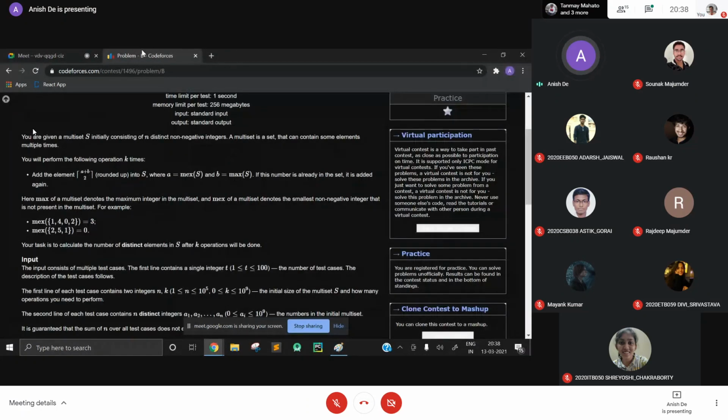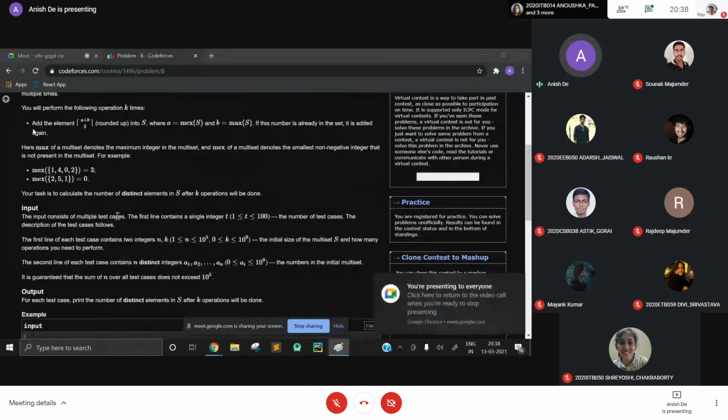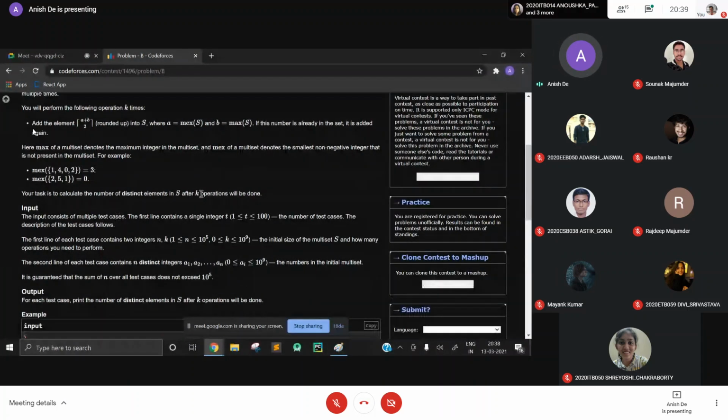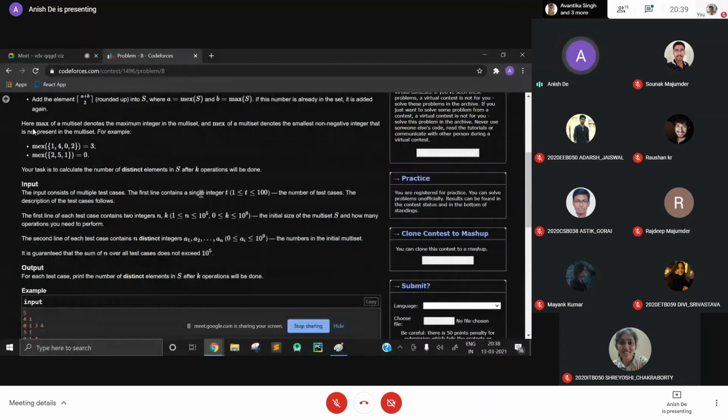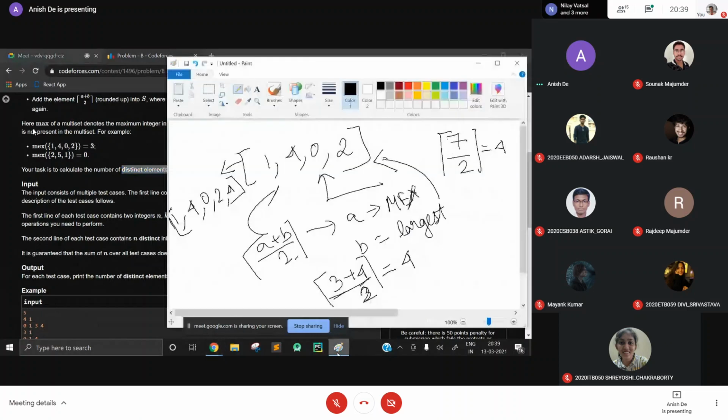The question is saying that you have to do these operations k number of times, and after doing the k operations, you have to calculate the number of distinct elements in S. So after performing one operation, we have got this. How many distinct elements are here? 1, 2, 3, 4.